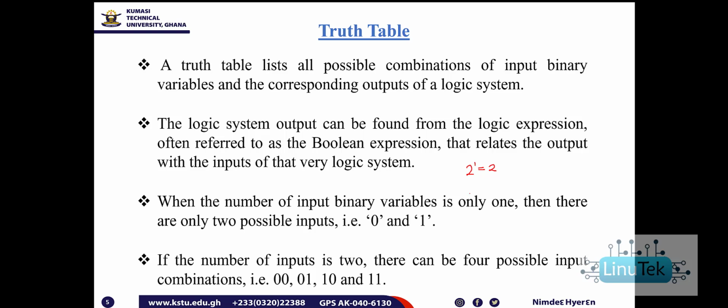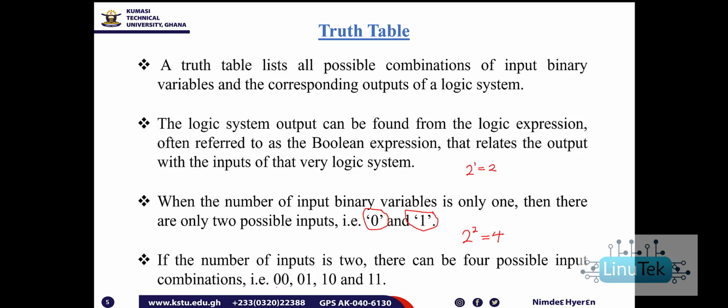So this would give us 2 possible combinations, that is either a 0 or a 1. Now, if we have 2 bits, which is 2 raised to the power 2, because we're dealing with binary, then we would have 4 possible combinations.